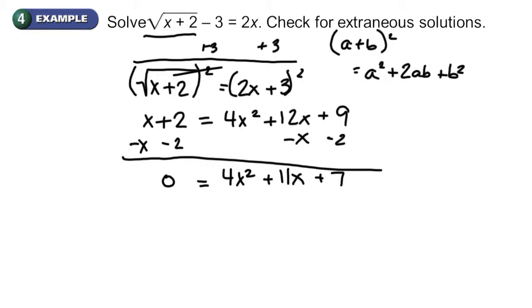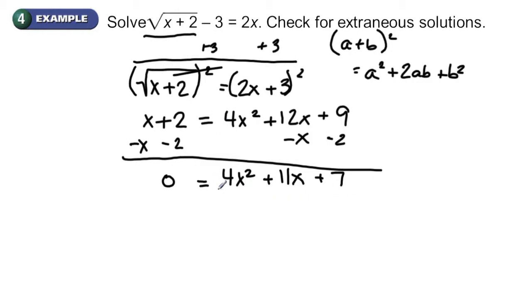Now we have two possible directions to go in at this point, and that's either to factor or use the quadratic formula. Now in class I believe I showed you the factoring method, so let's go ahead and do the quadratic formula.